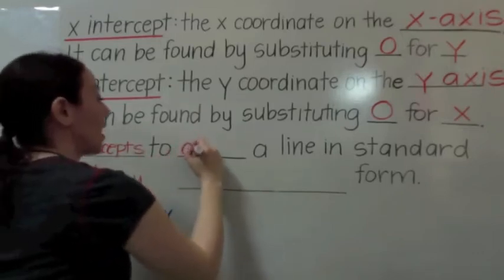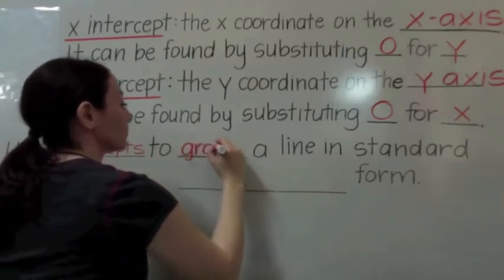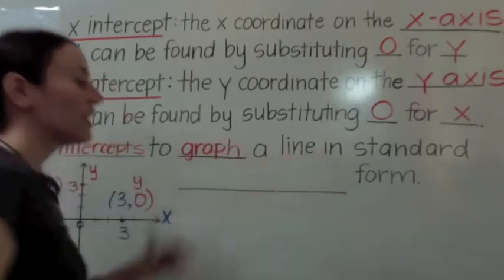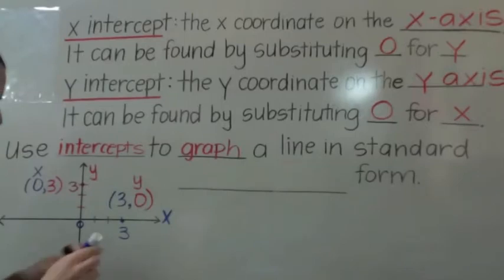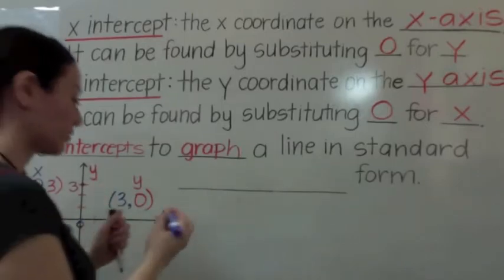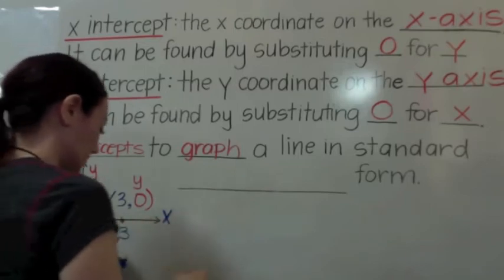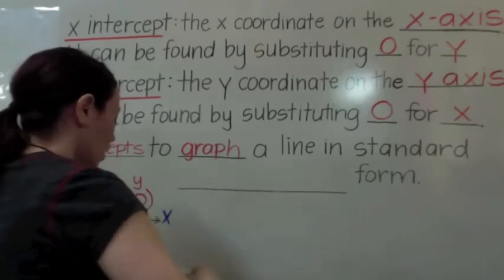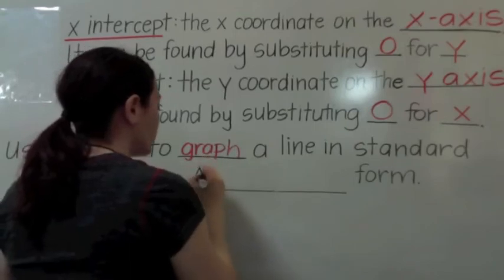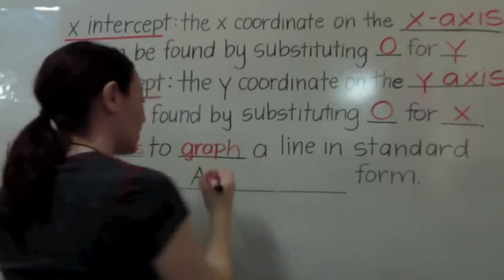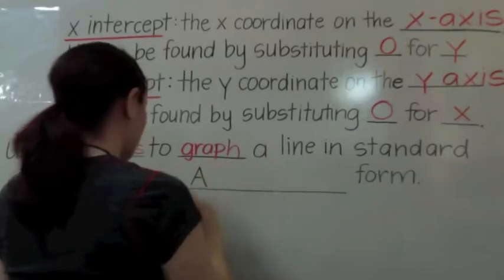To graph a line in standard form. So standard form is a form that you might not be familiar with. So it goes like this, okay? Usually you have a coefficient. The coefficient is the letter a, right? And that's being multiplied by x.